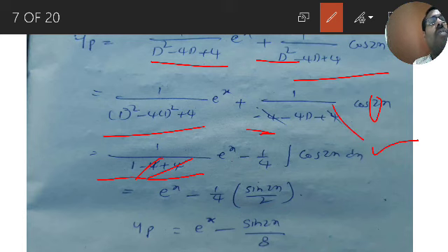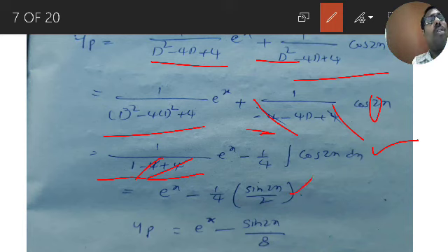So e power of x minus 1 by 4 into integration of cos 2x. Integration of cos x is sin x, so integration of cos 2x is sin 2x by 2.